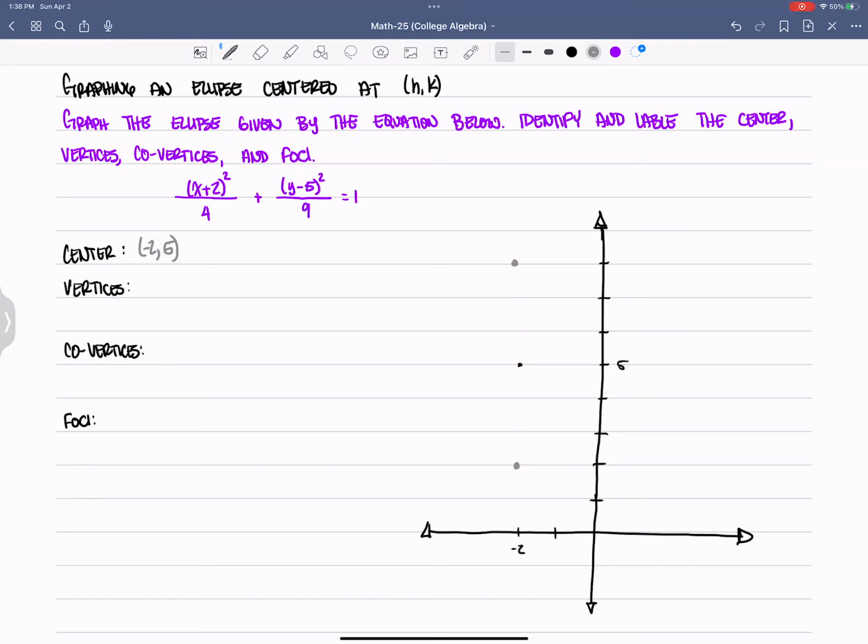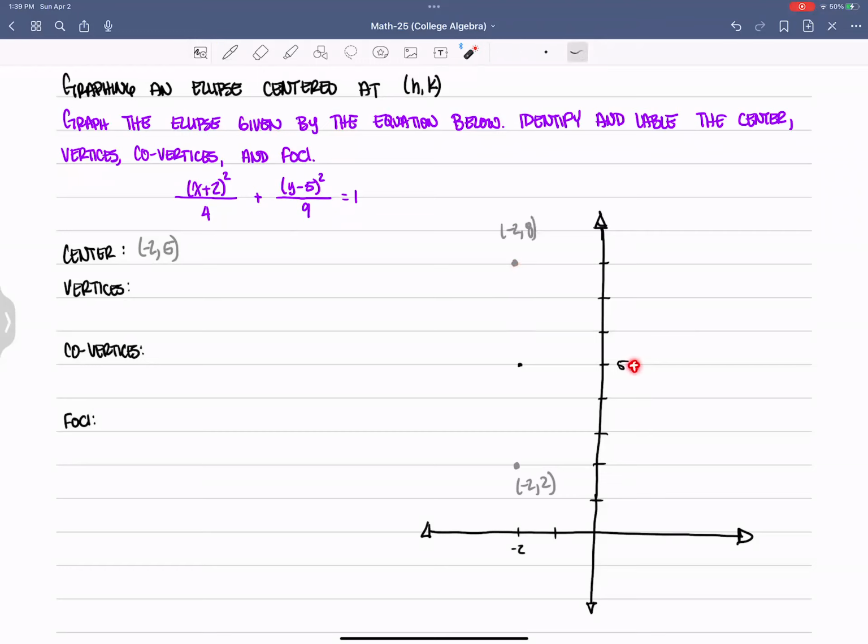So those points there, when x is -2, y is 2. When x is -2, y is 8. So again, we added 3 to our y component here.